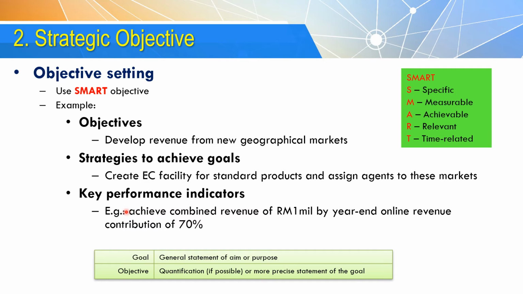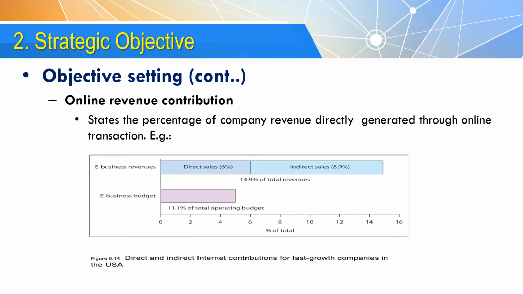Dia kata dia measure KPI dia, it must achieve the combined revenue of 1 million by end of the year. So kalau kita ni it's time related because dia bagi tempoh duration to achieve this KPI in a year. Okay, so this example is online revenue contribution.